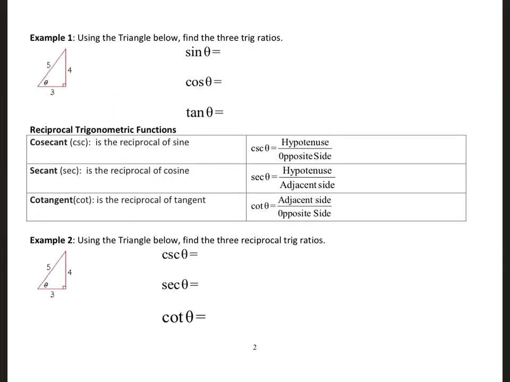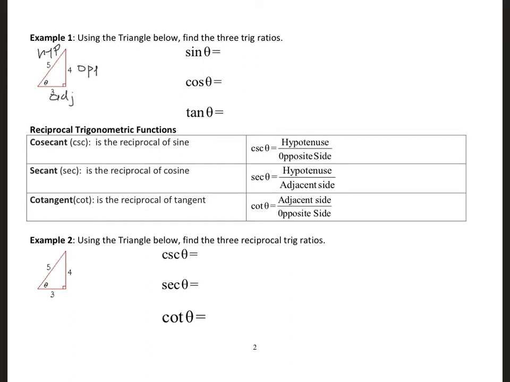Let's look at some examples to see how we can use that knowledge. If I'm given this triangle and told to find the three ratios, my reference angle is theta. When I'm at theta, I can name the sides. That's where you begin. This is opposite, this is hypotenuse, and this is adjacent.